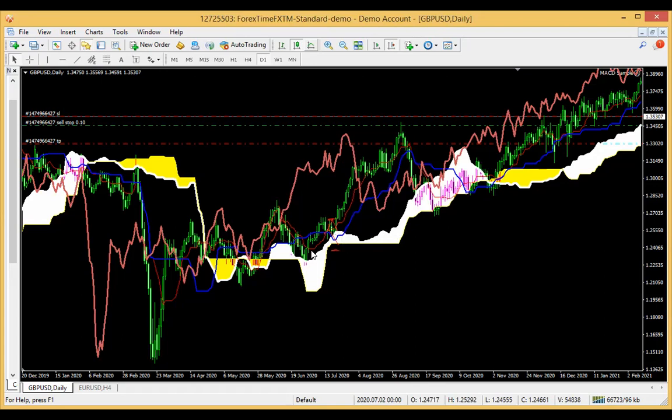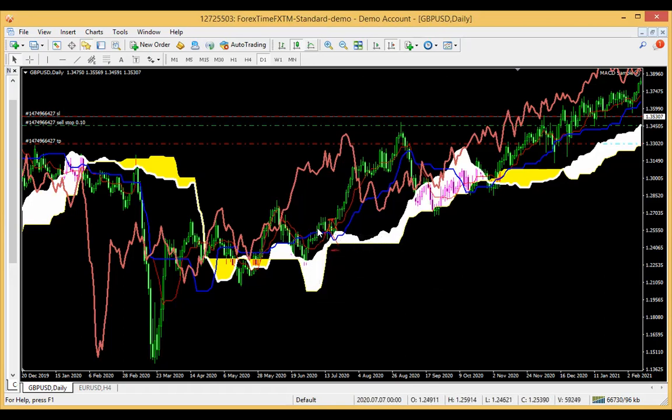After price must have crossed the cloud, which is this one, called Senkou span, this particular Senkou span is known as the cloud. Price will cross above. Let price be above the Senkou span, which is the cloud.